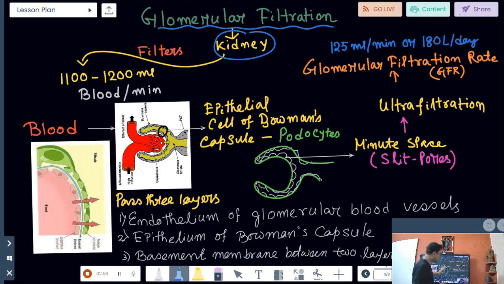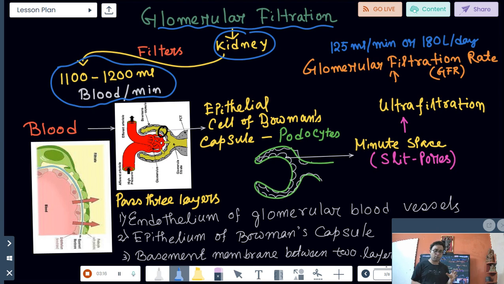This is the first part of the nephron, that is the glomerulus, and the corresponding Bowman capsule. Here, 1100 to 1200 ml of blood is purified every minute.